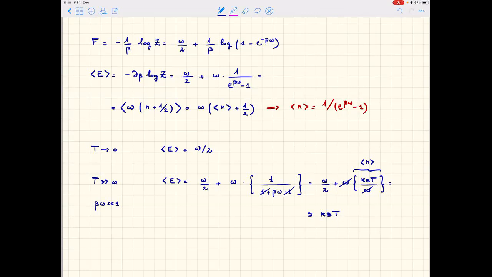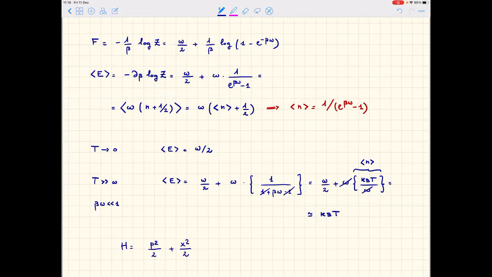Now, notice one thing that is important to keep in mind. In classical mechanics, what would be the average energy of a harmonic oscillator? Let me repeat the question. Suppose that I give you the Hamiltonian H equal to p squared over 2 plus x squared over 2.